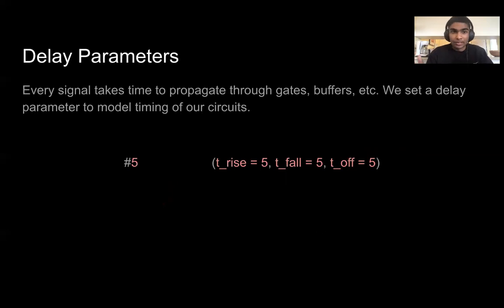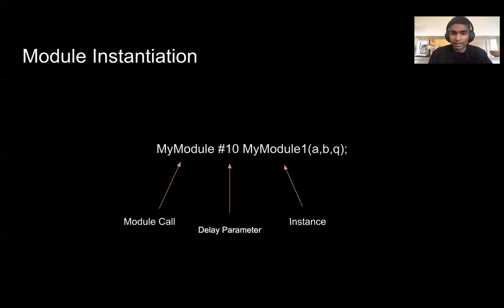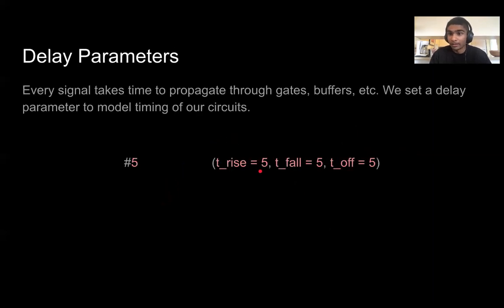Delay parameters. It's this little bit of text that goes inside your instantiation. What does it mean? In real life, a signal, an electrical impulse, takes time to propagate through gates or buffers or whatever. To more realistically model how a circuit would function, we add delays to our code to more realistically simulate stuff.